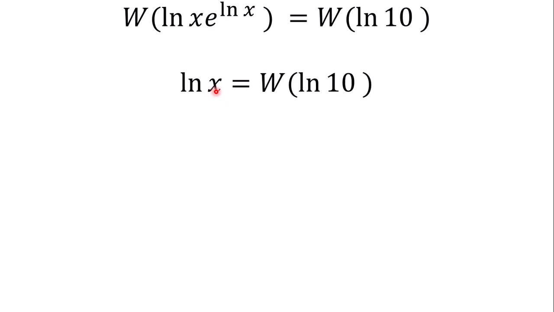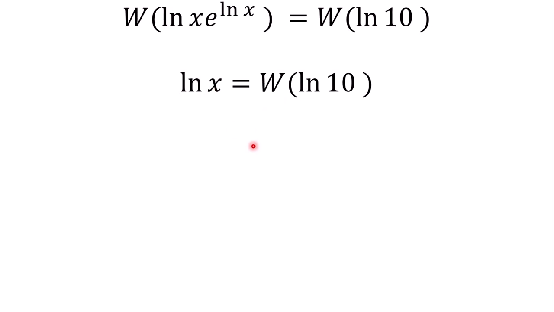So to find this x here, we're just going to apply the definition of logarithm by taking e of both sides. The base of this natural log is e, and already we are having another e. The e and this natural log will just cancel out, and we are left with x.